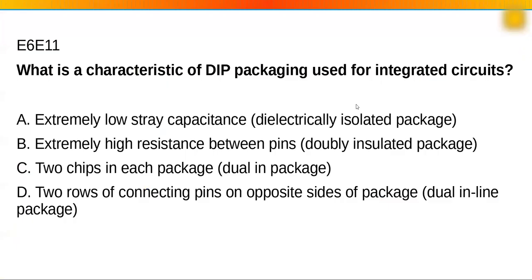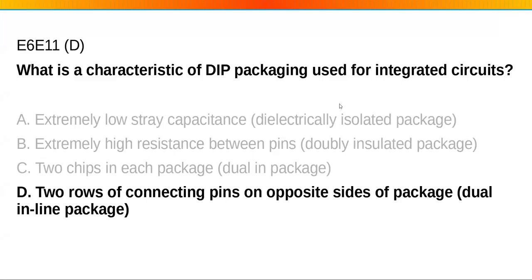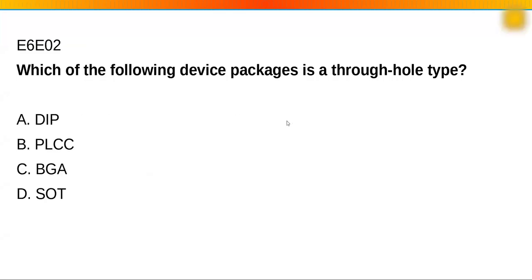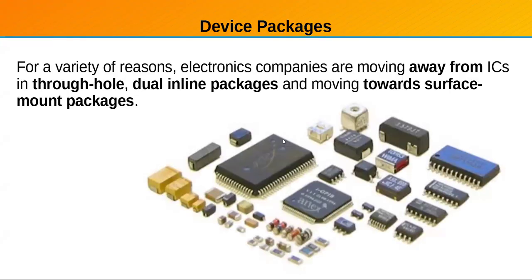What's the characteristic of dip packaging used for integrated circuits? Delta. All right. Which of the following device packages is a through-hole type? A. All right. This is showing a variety of modern devices.